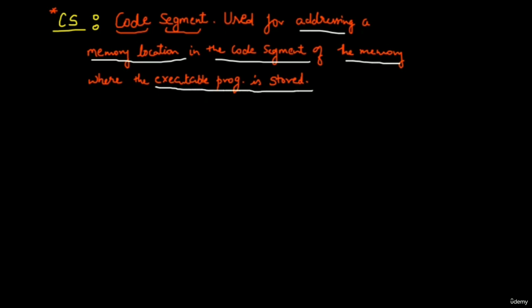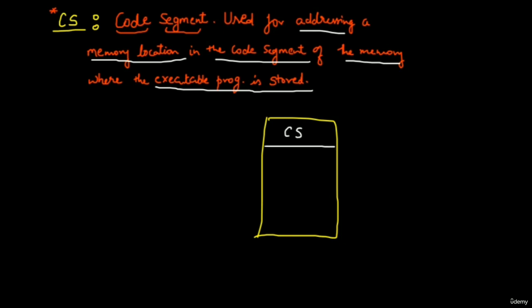So you can imagine like we are having a memory, and in the memory what we are having is CS, SS, DS and ES.